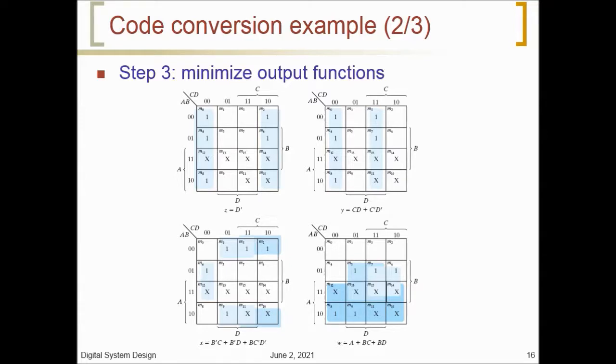For example, the column under output Z has 5 ones, therefore the map of Z has 5 ones, each being in a square corresponding to a minterm that makes Z equal to 1. The 6 don't care minterms 10 through 15 are marked with an X. One possible way to simplify the functions into sum of product form is listed under the map of each variable.